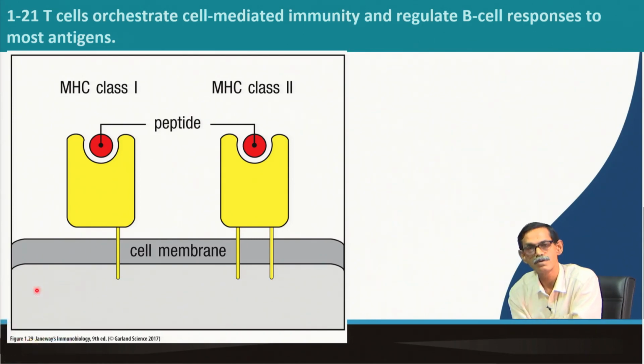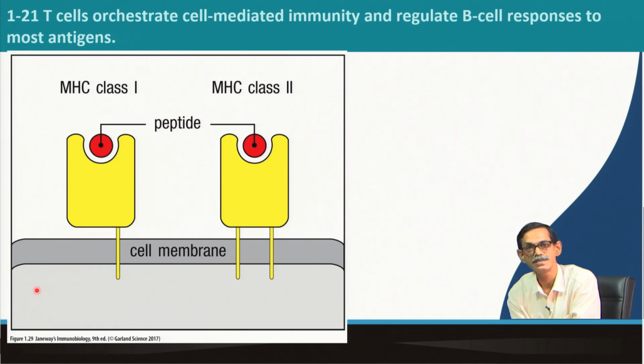Let us recapitulate what we said about the MHC. MHC is the major histocompatibility complex. Why do we need that? Because, if you remember, I already told that the T cell receptor cannot recognize antigen in native condition or alone.